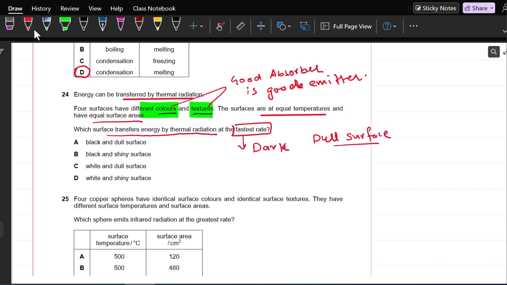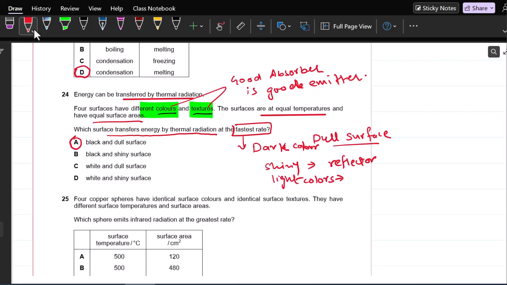A shiny surface is a reflector, so it is not a good absorber and good emitter. In the same way, light colors are also not a good absorber and good emitter. So the fastest rate is for dark and dull surface. A is right here.